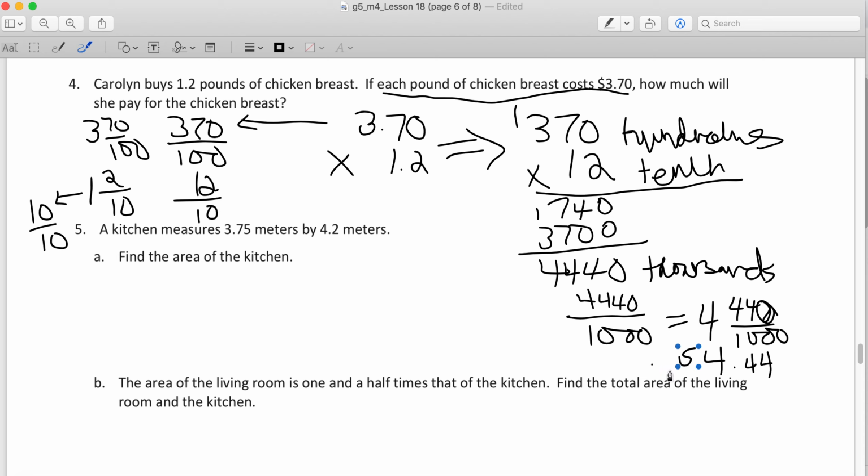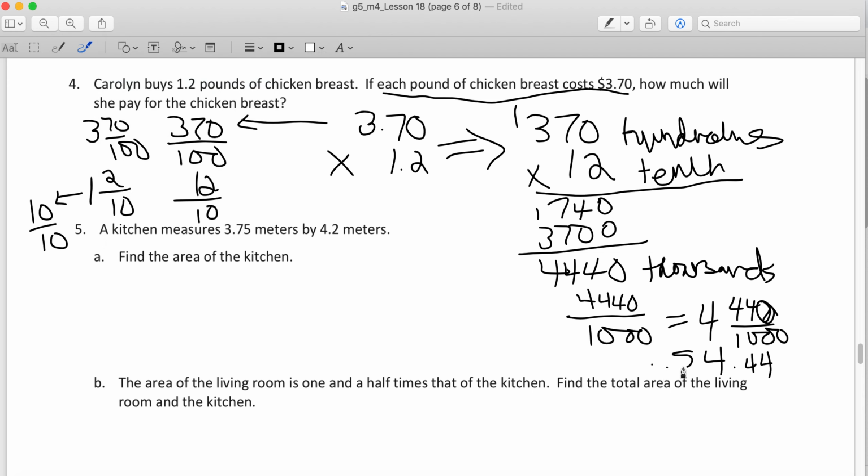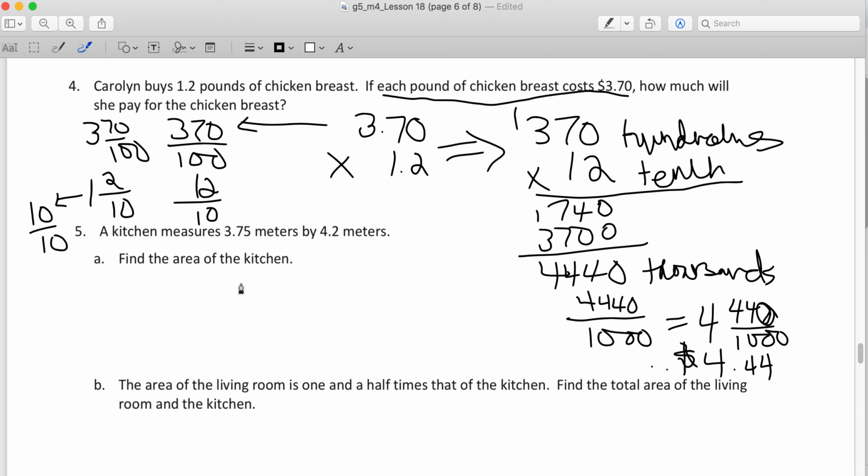So it's $4. Well, let's get rid of that. I can't write a dollar sign. This thing is so picky. $4.44. Okay.